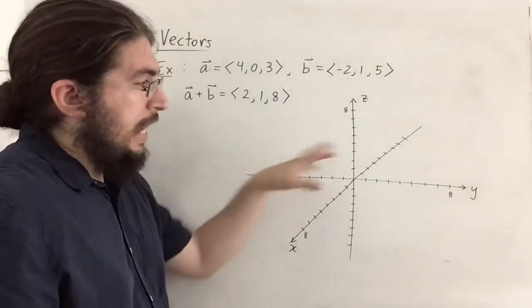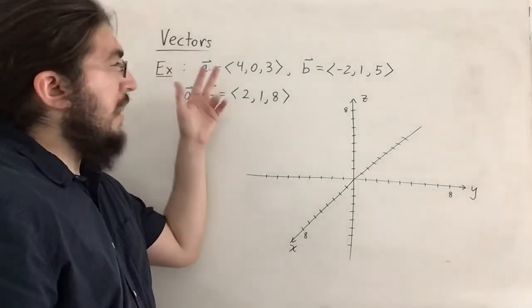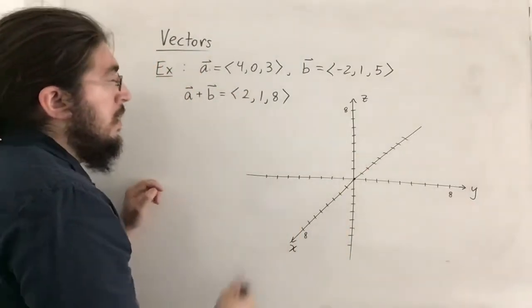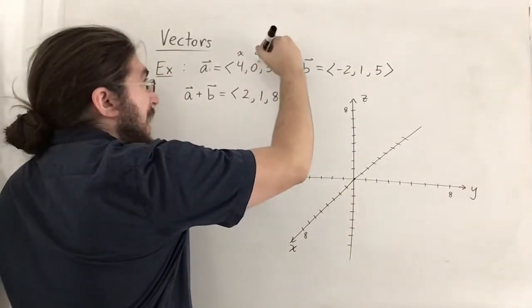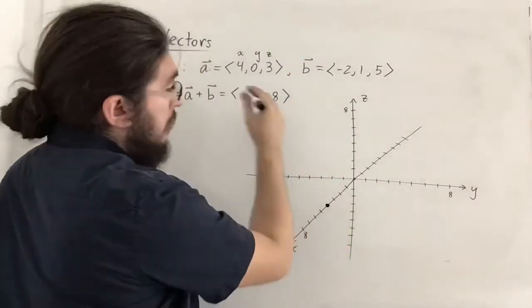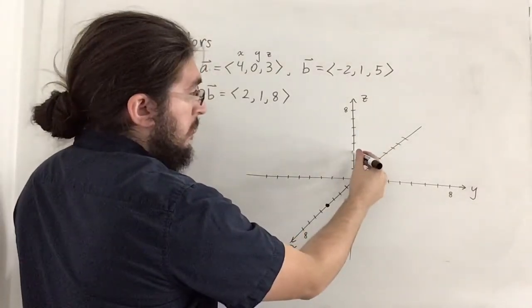Now I've made it 8 by 8 by 8 because the largest number I see here is 8, of course. Now vector A goes from the origin to 4, 0, 3. So remember, this is x, y, and z. So on the x component I'll go 4 units, on the y component I'll go 0 units, and then for the z component I'll go 3 units.